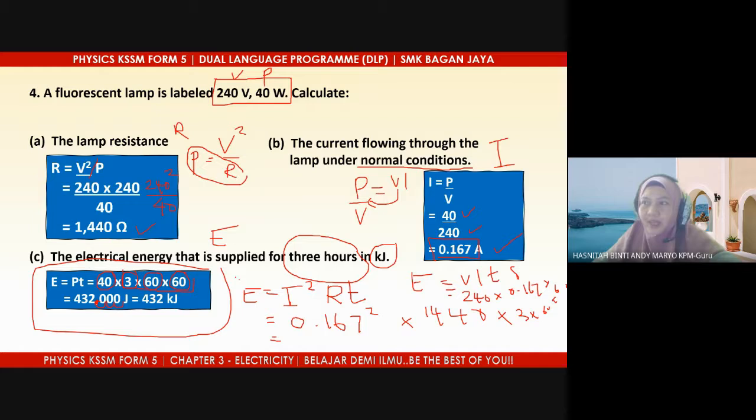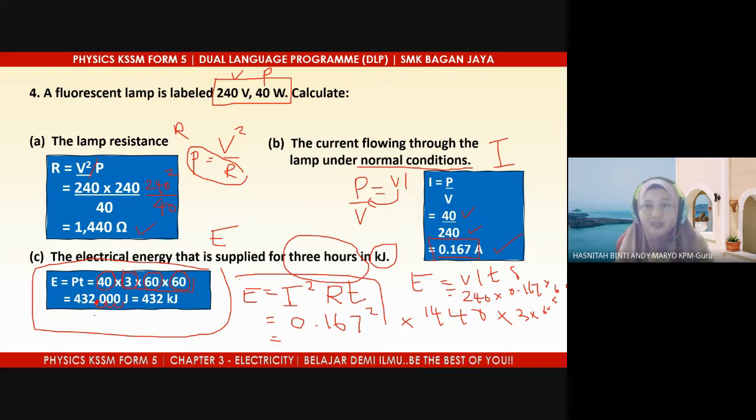But during the exam, you don't do all formula sebab you rasa tak selamat kalau you buat satu saja. You don't have to worry because for this kind of question in a marking scheme, we will put there an option. When student A uses formula 1, this is the answer he's supposed to get. Student B uses formula 2, this is the answer he's supposed to get. Student C uses formula 3, this is the answer he's supposed to get.